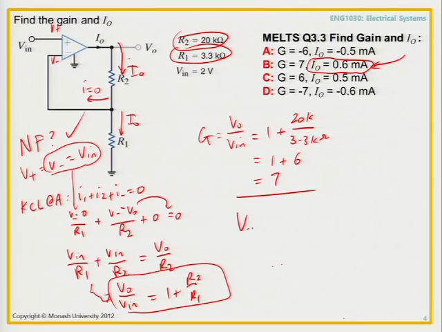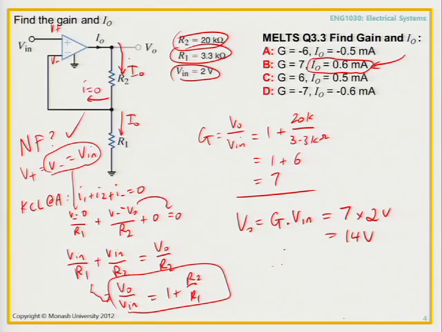We know V0 equals the gain times V in. That's what gain is, V out over V in. Therefore this will be equal to 7 times, now we know V in is 2 volts, equal 14 volts.